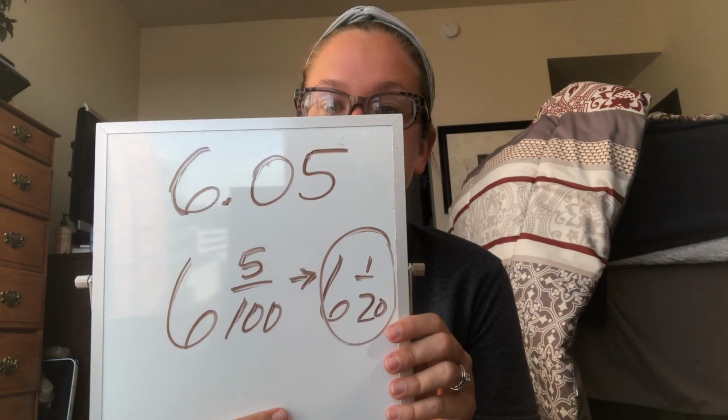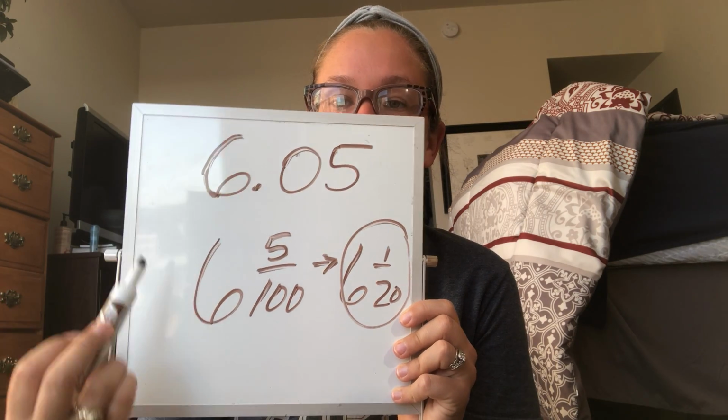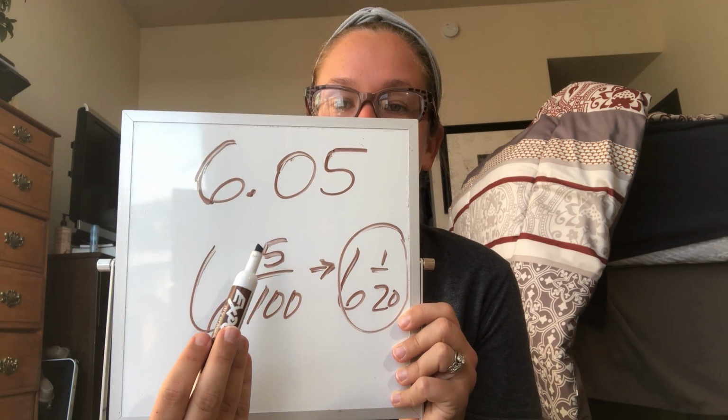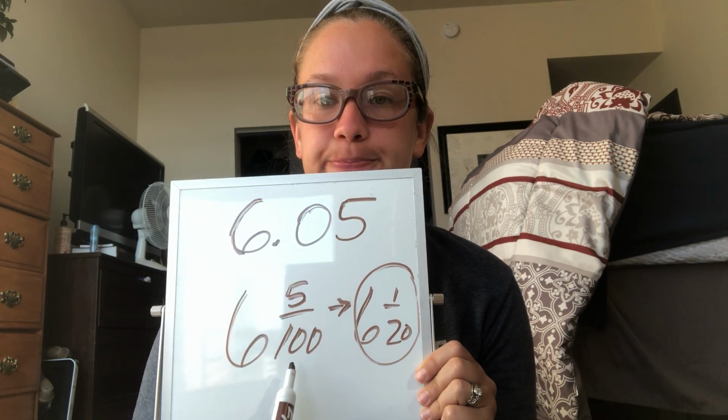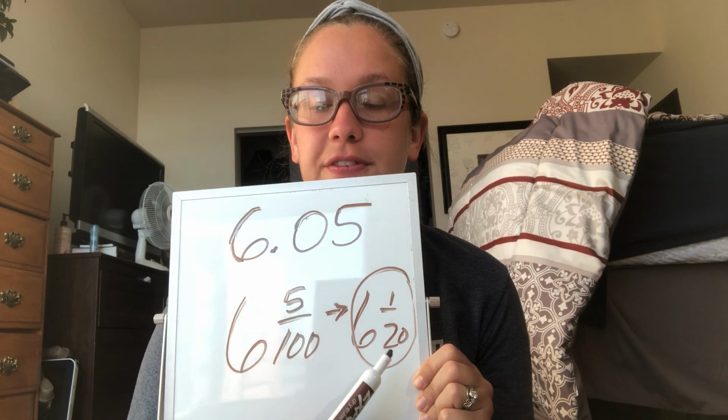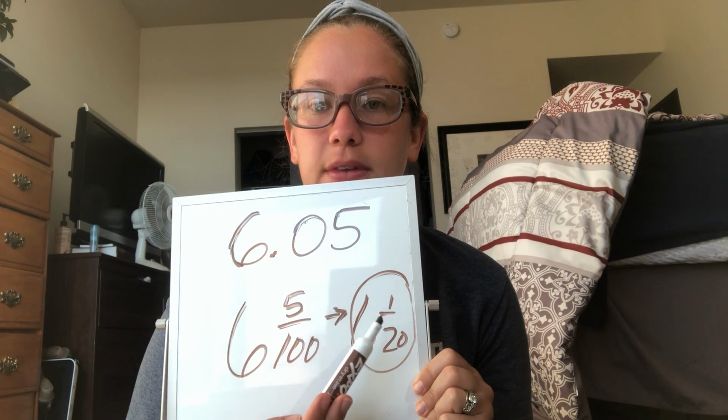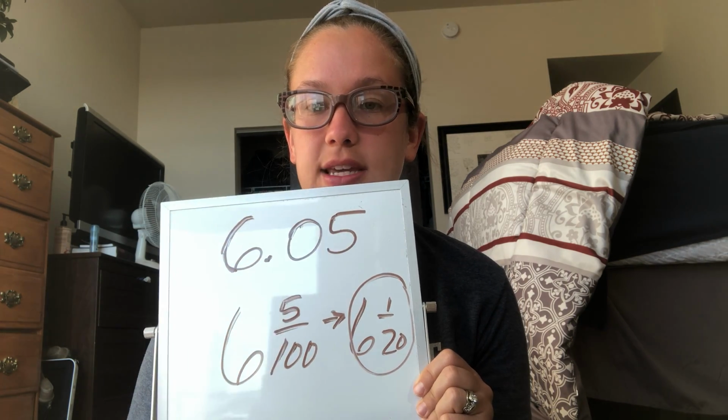Okay. Here, my whole number is 6, and I have 5/100ths, so it's like 5 over 100. Then when I simplified, I divided by 5, which gave me 1/20th.